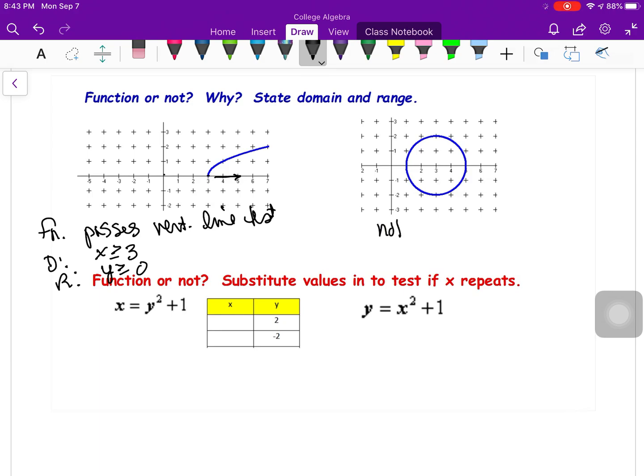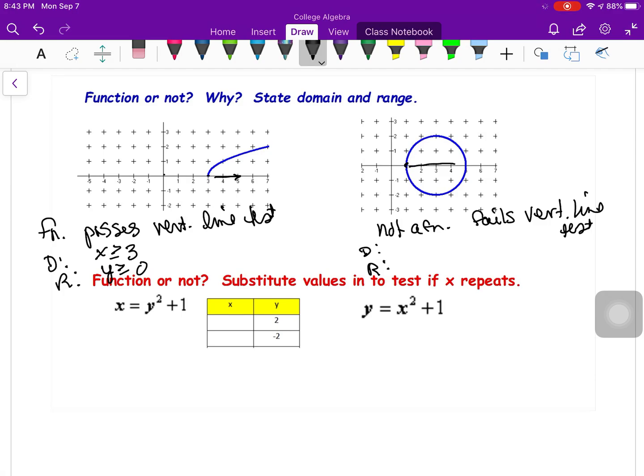This one is not a function. It fails the vertical line test. Right here, it gives me 2 points. Domain and range. My domain is, let's see what x's are used.